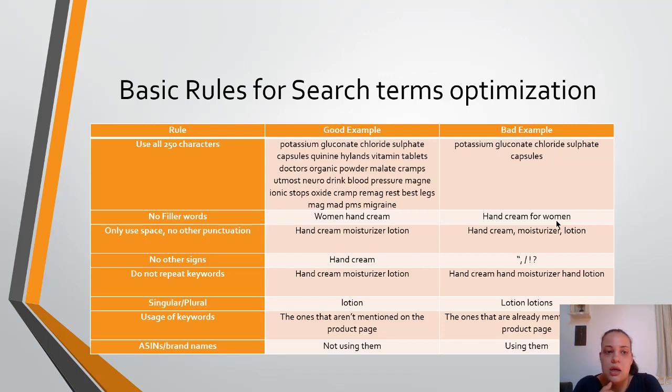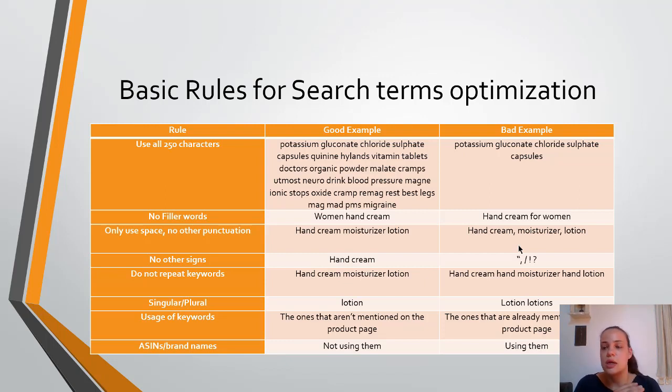Rule number 3 is only use space, no other punctuation. Same with filler words. Punctuation like these examples over here is basically something that will consume your bytes, your characters that are limited. So make sure you avoid that and only delimit your keywords with spaces. That's all you need.